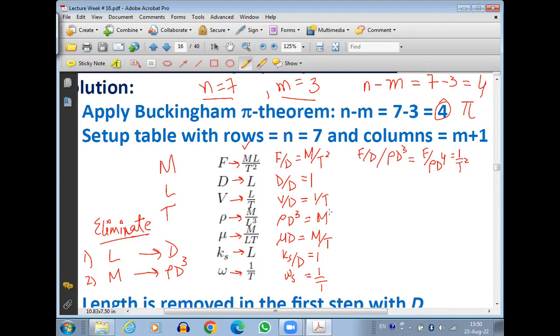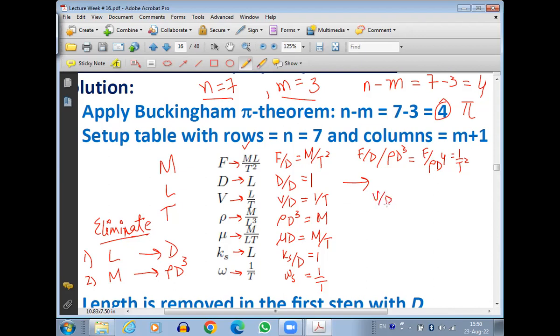Is it clear? Now here it was already eliminated, nothing is there, so just keep it as it is. Skip it. Now here, 1 by T. There was no M here, so keep it as it is. No need to do anything.